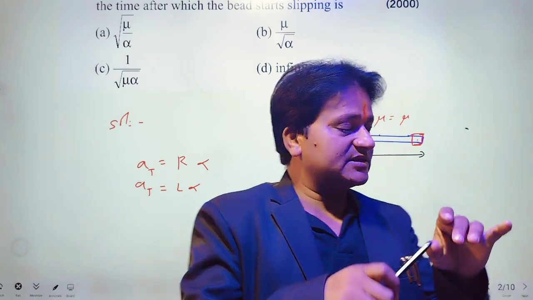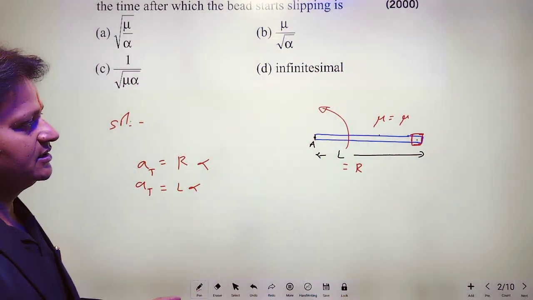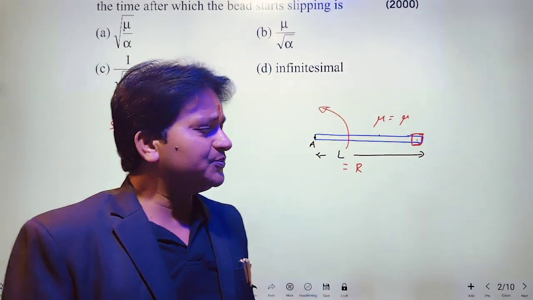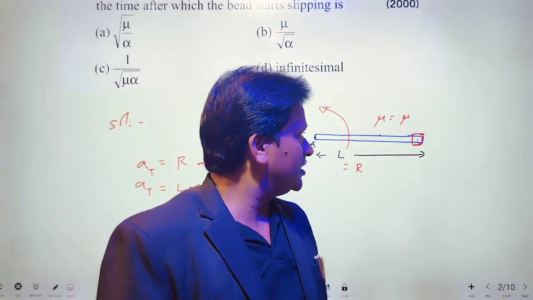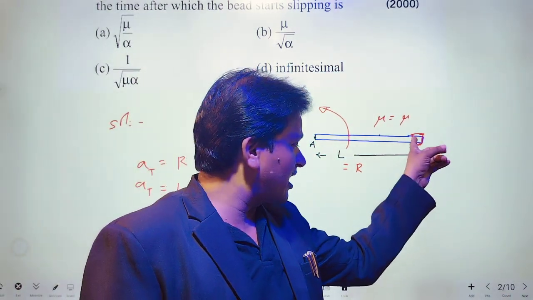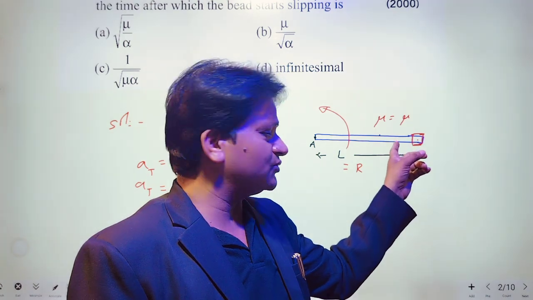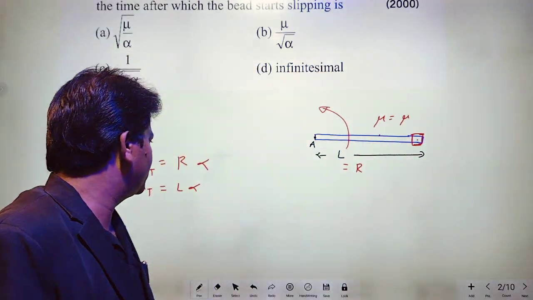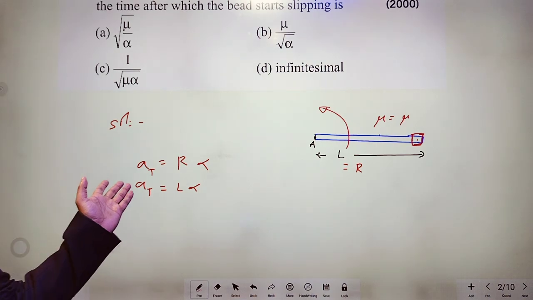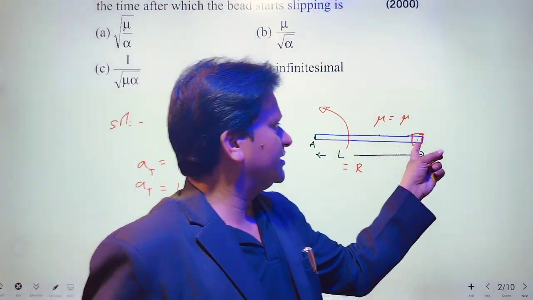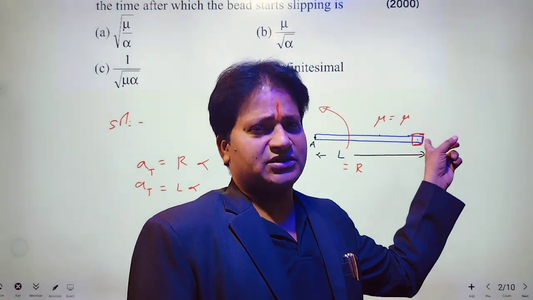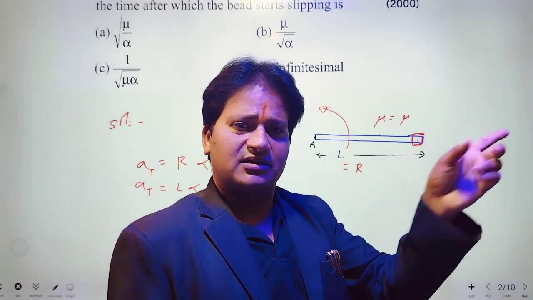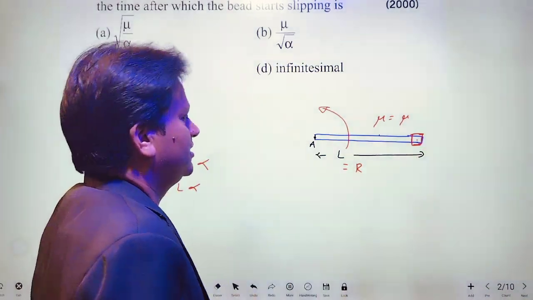This is the tangential acceleration. If you draw the free body diagram of the bead with respect to a non-inertial reference frame whose acceleration is this, then a pseudo force acts on the bead.